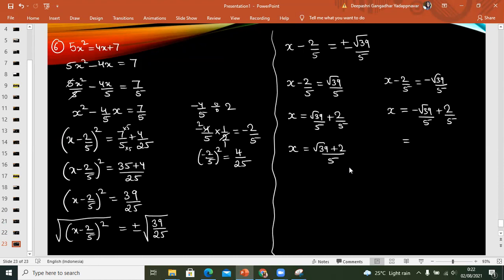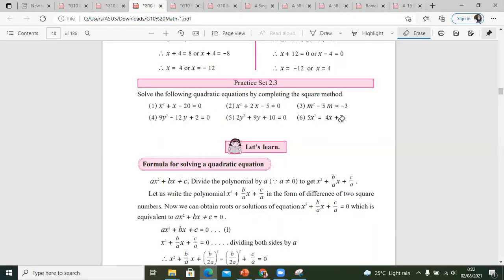The denominator 5 is the same, so we can write this as negative root 39 plus 2 divided by 5, or else you can also write this as 2 minus root 39 divided by 5. Both are correct. You can write it in both ways. So here we have finished with these questions.